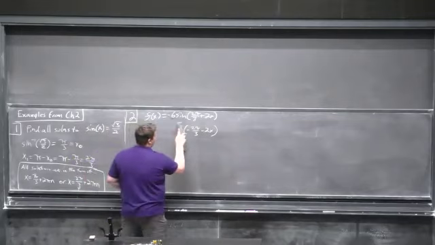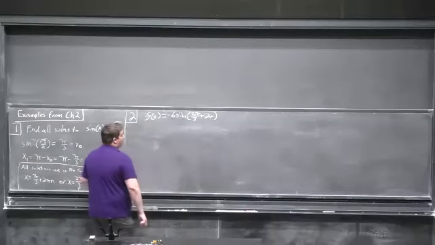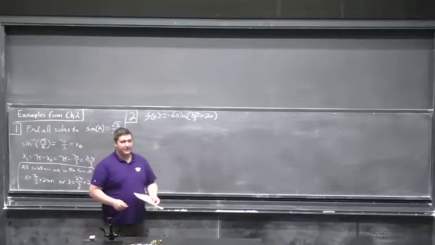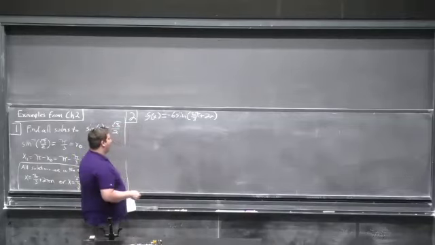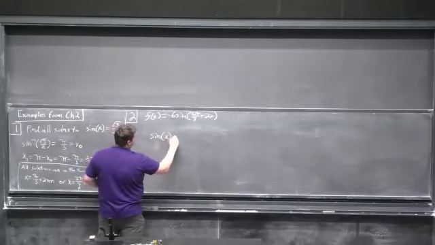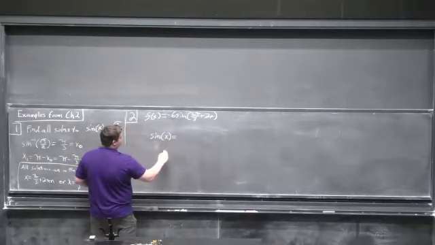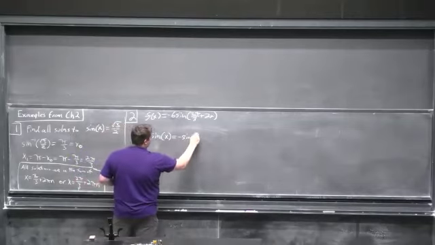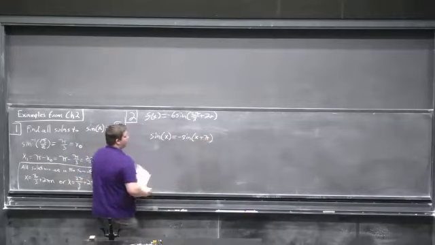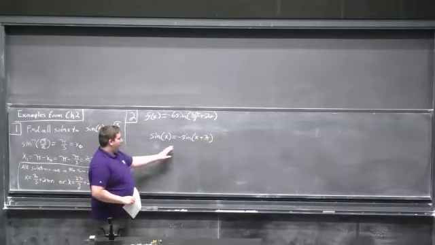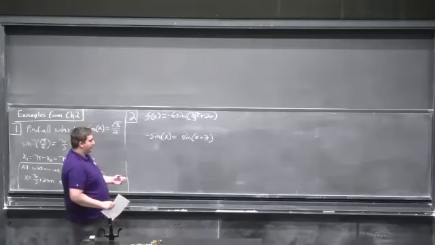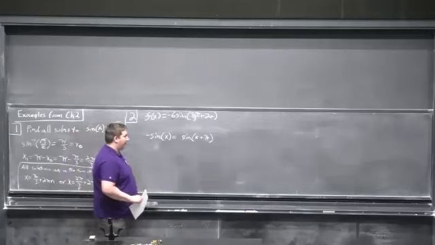So instead, what we can do is look at our identities and say, hey, there is the add pi identity, which is sine of x is equal to negative sine of x plus pi, meaning that I can times by a negative to the other side, and I get negative sine of x is equal to sine of x plus pi.